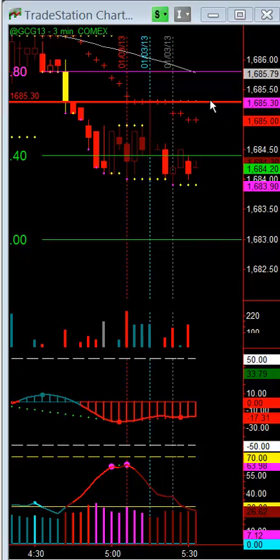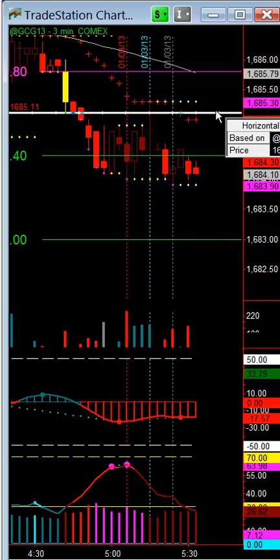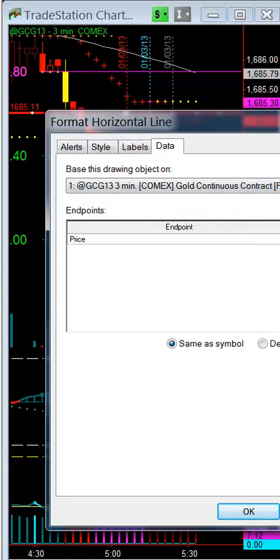Okay, as you can see, the ATR has moved down, and I'm going to move down my stop to 1685.10.